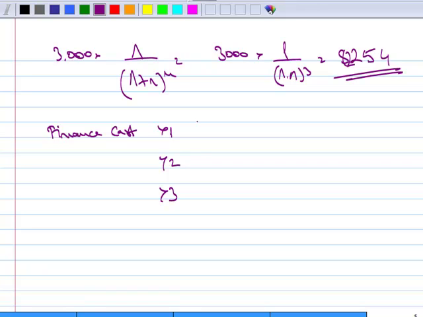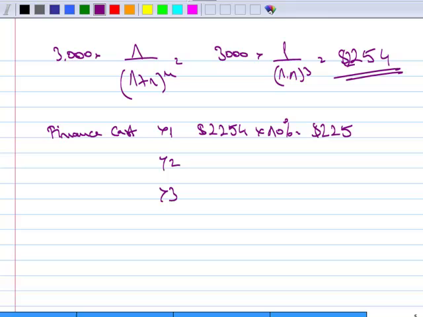What is that going to mean? It means that over year 1, I will have a finance cost of 10%, which is 225, a little bit rounded up.